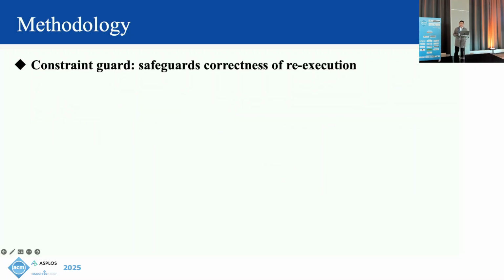Even with precise definition-use tracking, there are still cases where data dependencies alone are not enough to guarantee correctness during execution. That's why we introduce the constraint guides. Specifically, we handle 3 types of constraints.